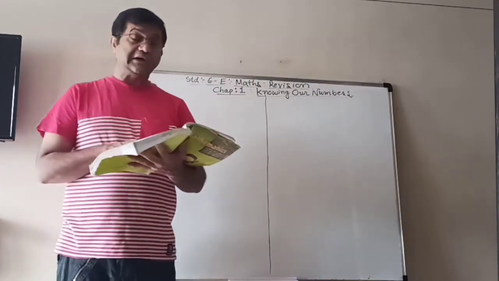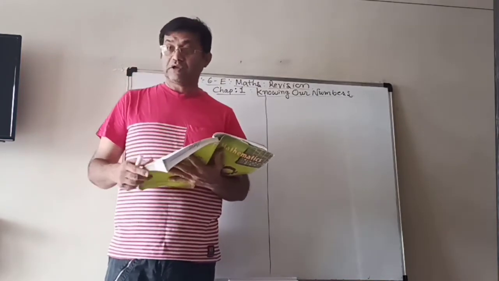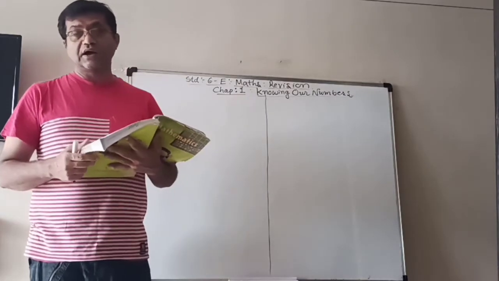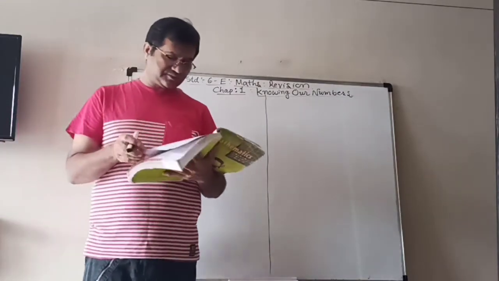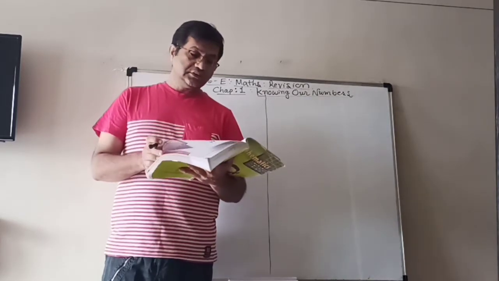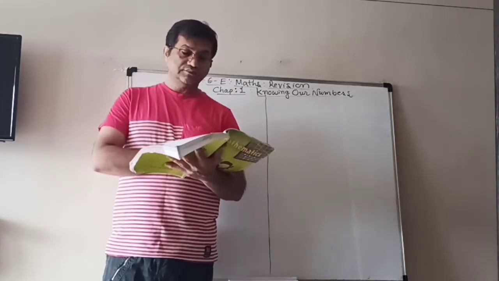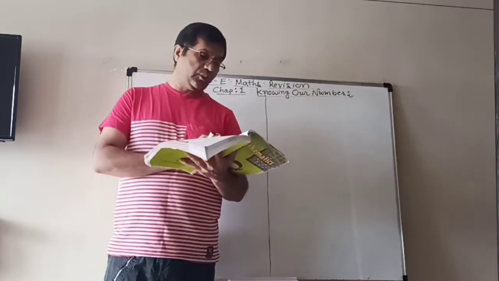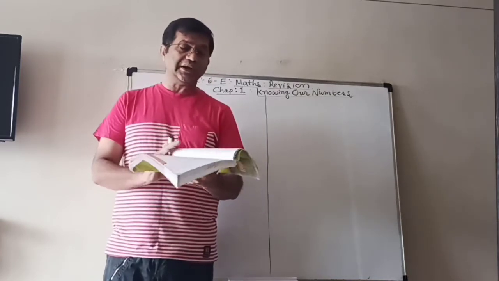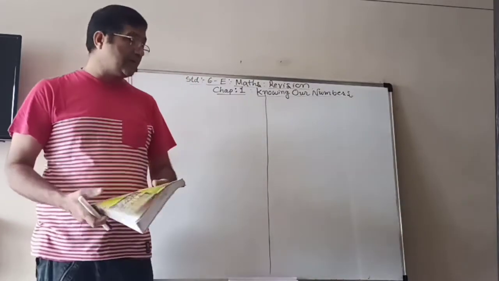Then we learn the rounding up to nearest tens, up to nearest hundreds, up to nearest thousands. And we learn using brackets, opening brackets. And at last, we also learn about the Roman numerals.